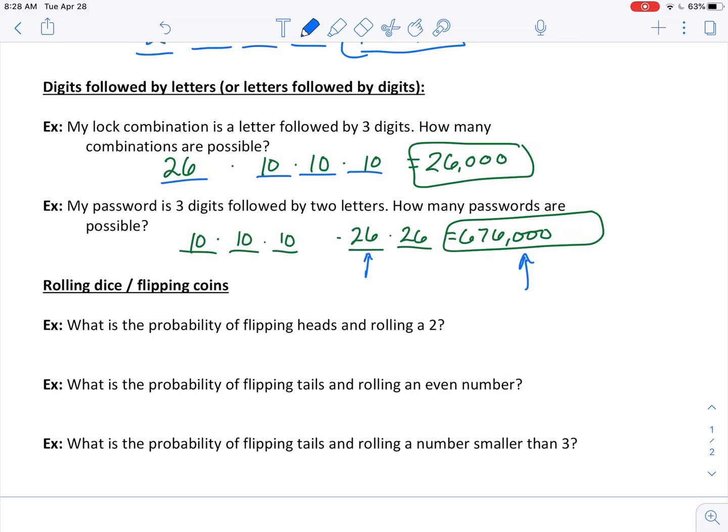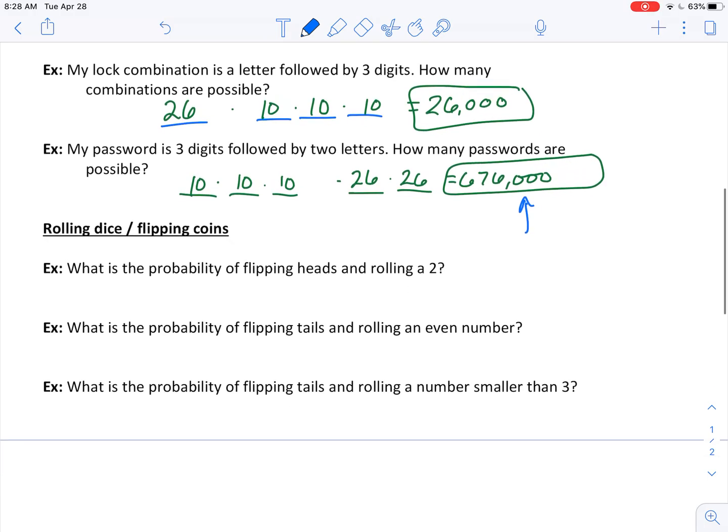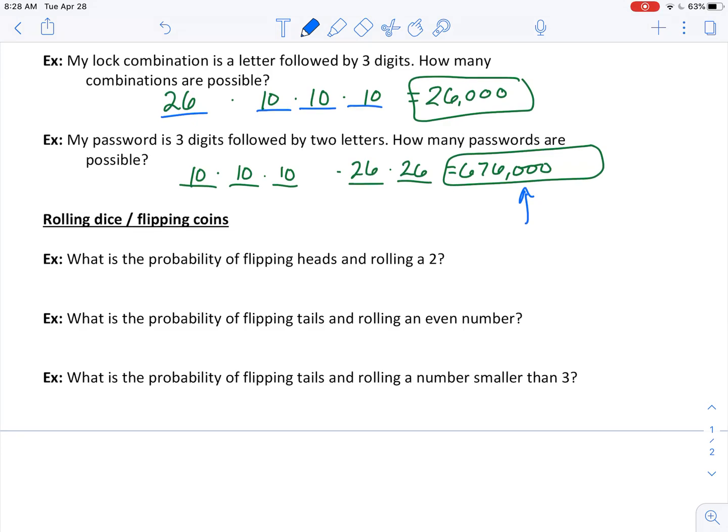So from here, you can get a better understanding of why they always want you to do more letters in your passwords. And if you increase this to include uppercase and lowercase, well, then you've got 52 times 52, which would be 2,704,000.